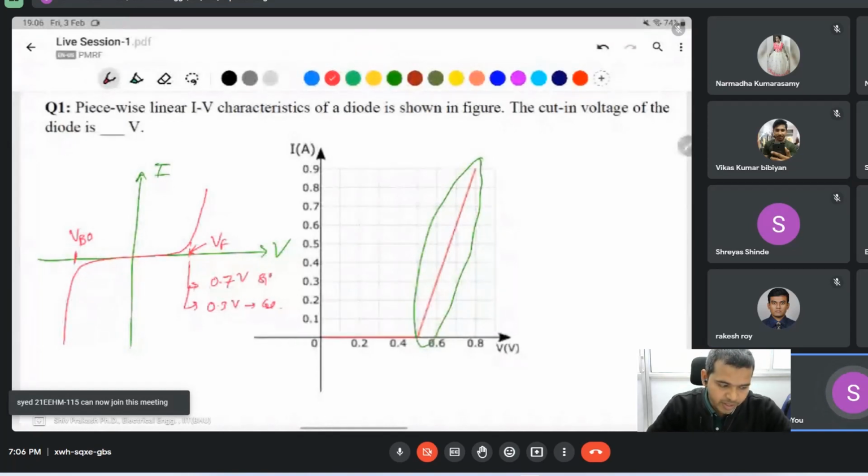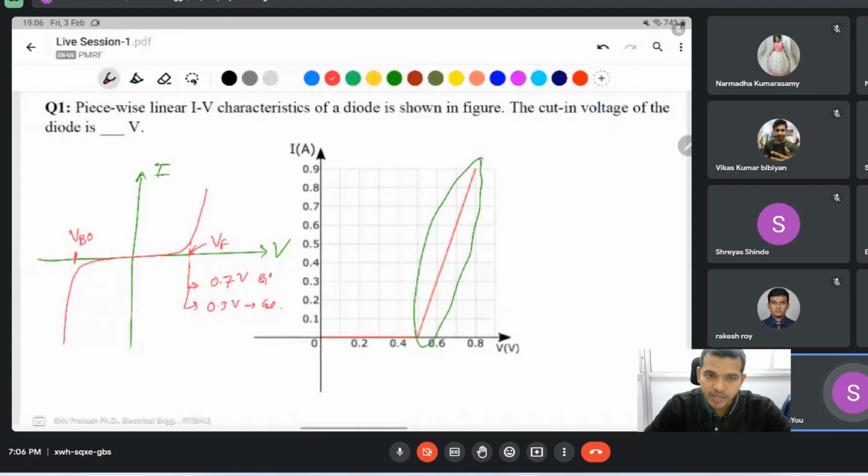Reverse blocking capability is different for different part numbers of diodes.